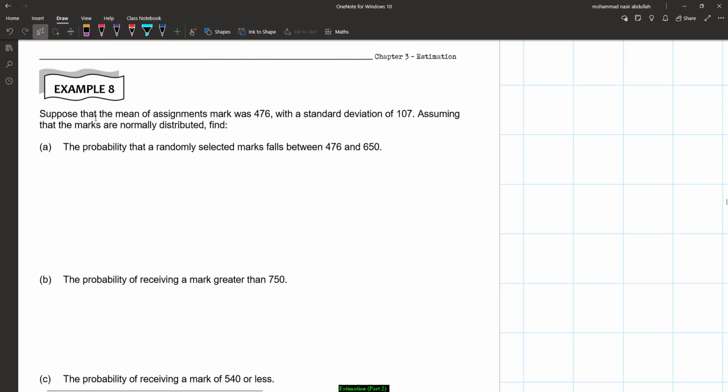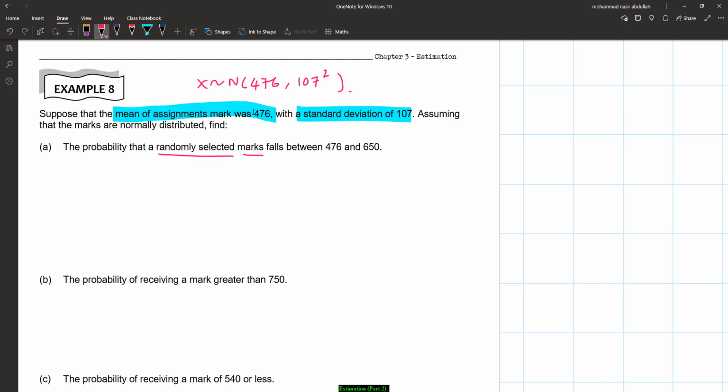Suppose the mean of the assignment mark is 476 and the standard deviation is 107, assuming the marks are normally distributed. So X has a normal distribution with mean 476 and variance 107 squared. Find the probability that a randomly selected mark will fall between 476 and 650. It doesn't talk about the mean, it talks about an individual observation.